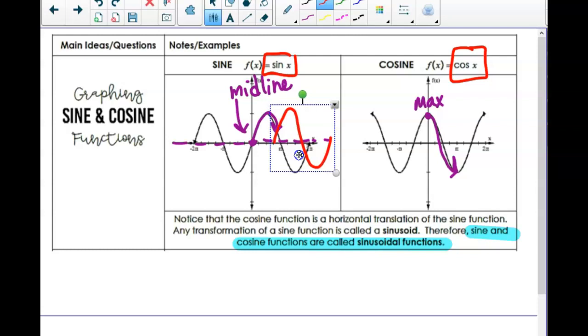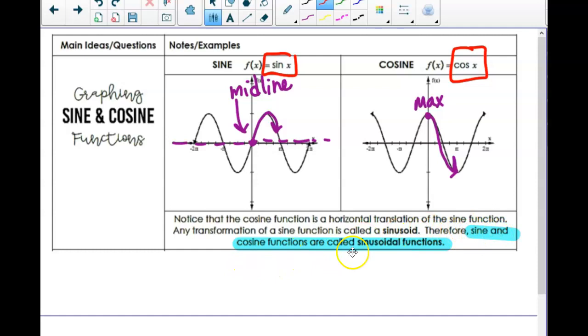And then if I repeated it, it would be upside down. If I kept going far enough, it would match the cosine graph. That one's a little hard to tell because I didn't do a very good job. All right.